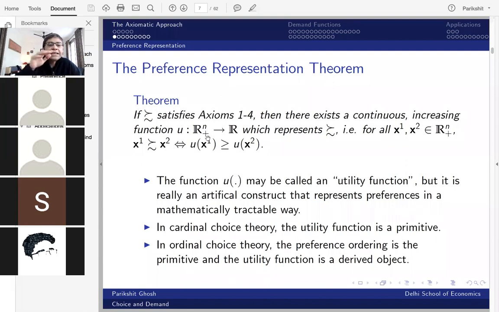The role of as if assumptions goes back to an article by Milton Friedman called the methodology of positive economics. So Friedman gives the example of theories from physics and biology.